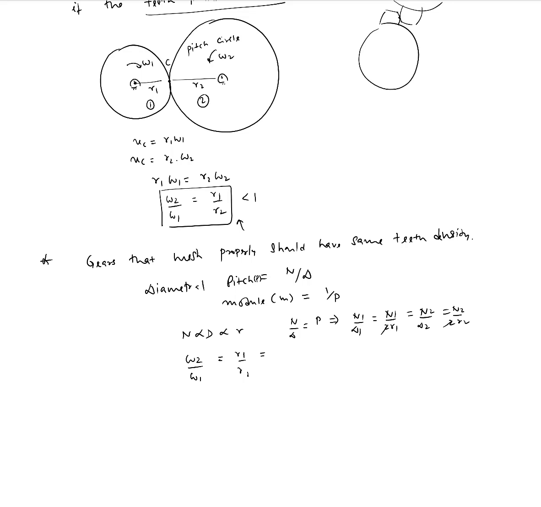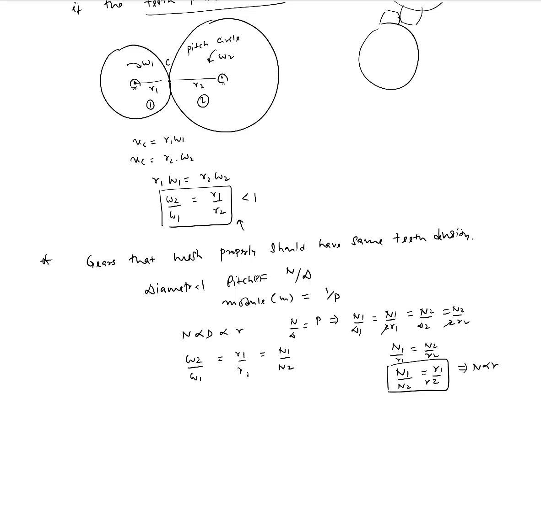The 2 cancels, so n1 over r1 is equal to n2 over r2, or in other words, n1 over n2 is the same as r1 over r2. That makes sense because it says that n is proportional to the radius or the diameter, so this would be equal to n1 over n2.